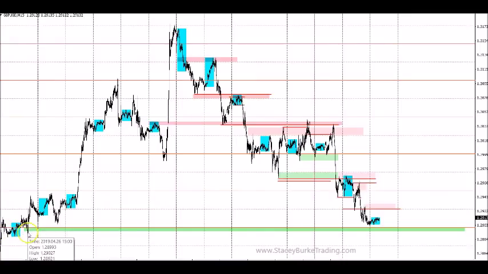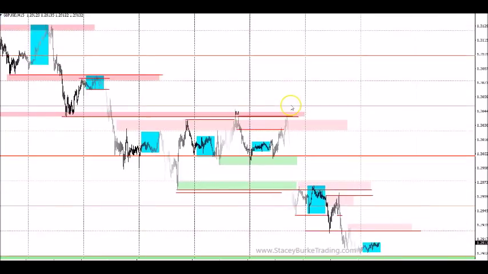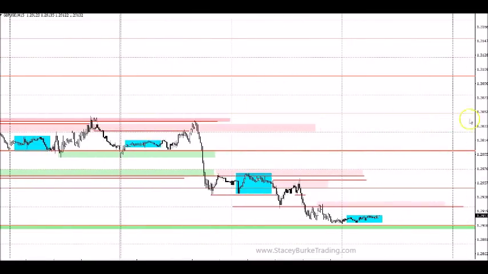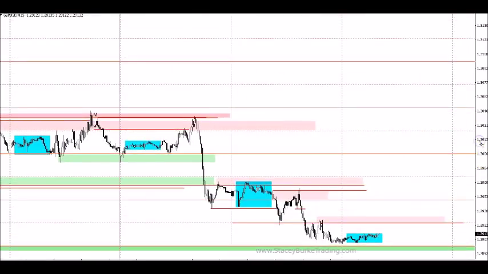We see that there is demand below the 2900 area, depending on how that behaves today as we head into the Open of London. That will give us a better idea if this market is potentially going to hit a reversal between today and tomorrow and into Friday, or if this market may continue to sell off and push through that demand area.